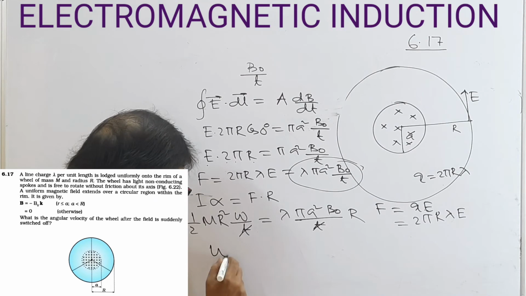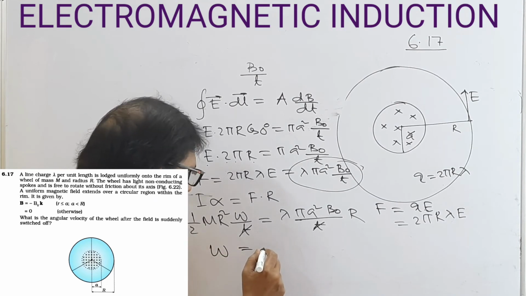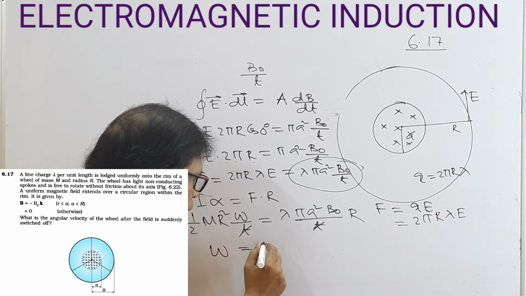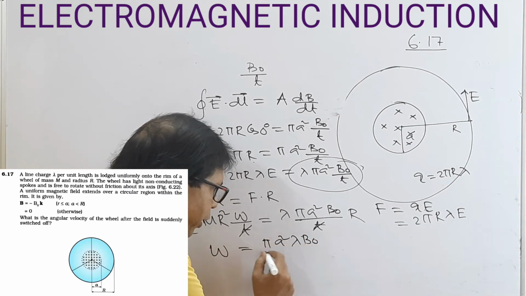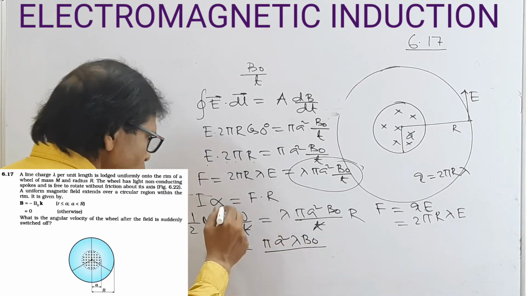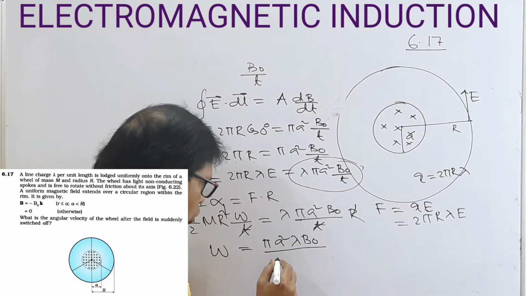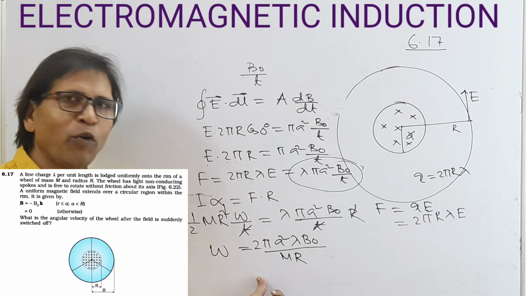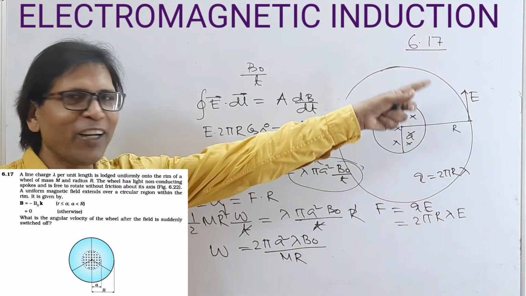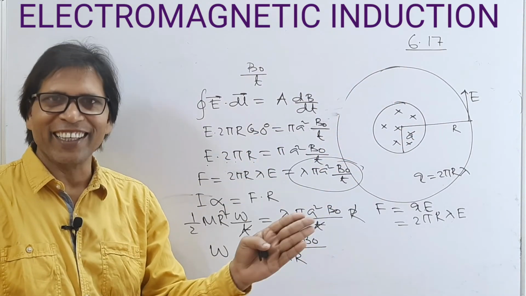So omega equals pi square lambda B0 divided by 2 m r, where r and r cancel out. This is the angular velocity of rotation of this circular ring.